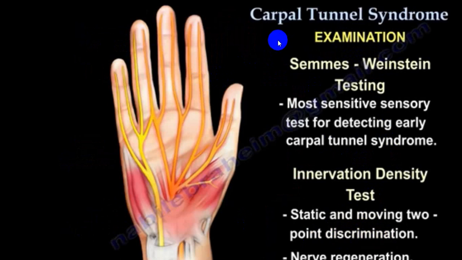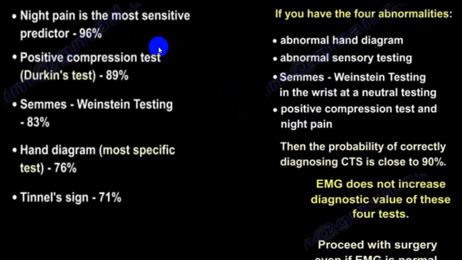Further, you can do monofilament testing, nerve conduction study and also EMG. And you can also go for static or moving two-point discrimination. That will be very sensitive regarding sensory symptoms.